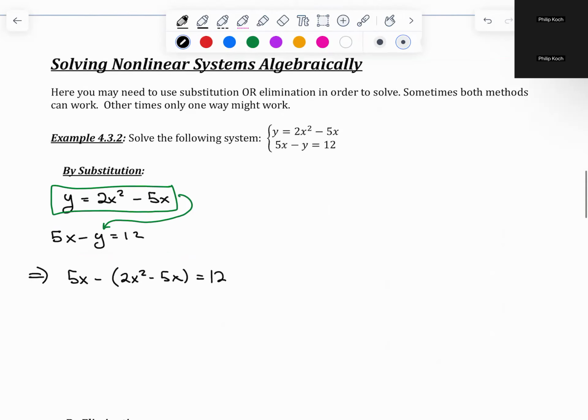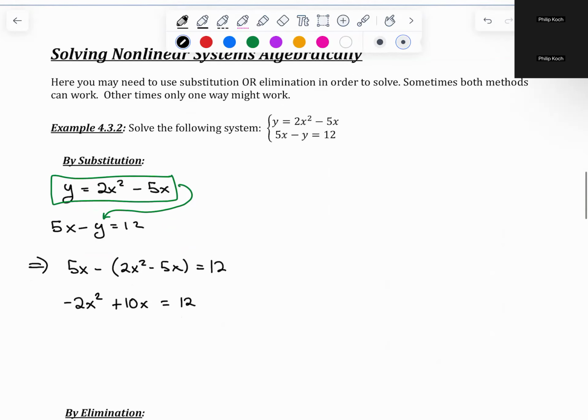We get -2x squared plus 10x equals 12. Now, me personally, I don't like my leading coefficients being negative, so I'm going to bring all the terms to the right-hand side so I don't have to deal with a negative. But either way, I get 0 equals 2x squared minus 10x plus 12.